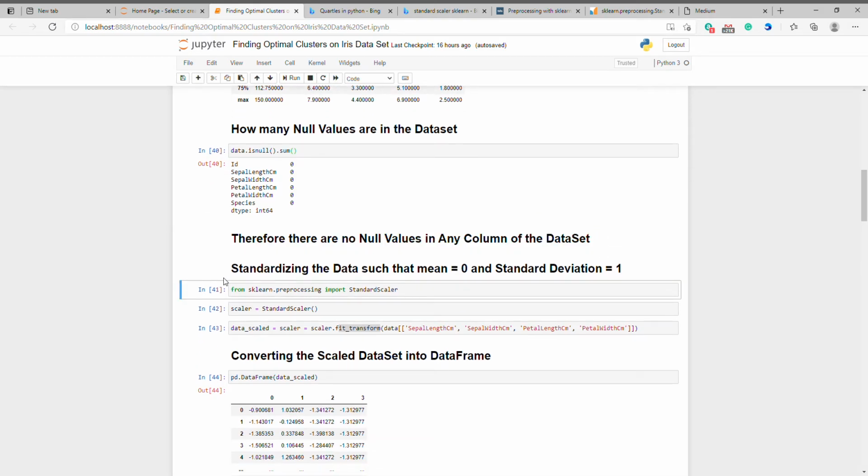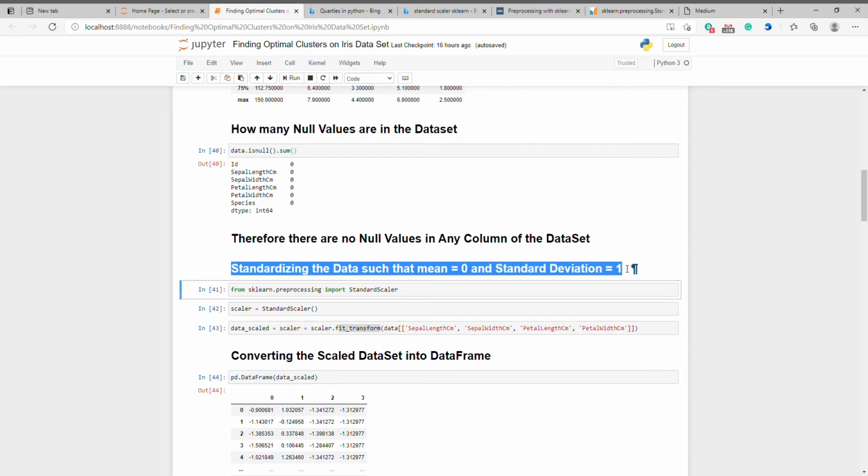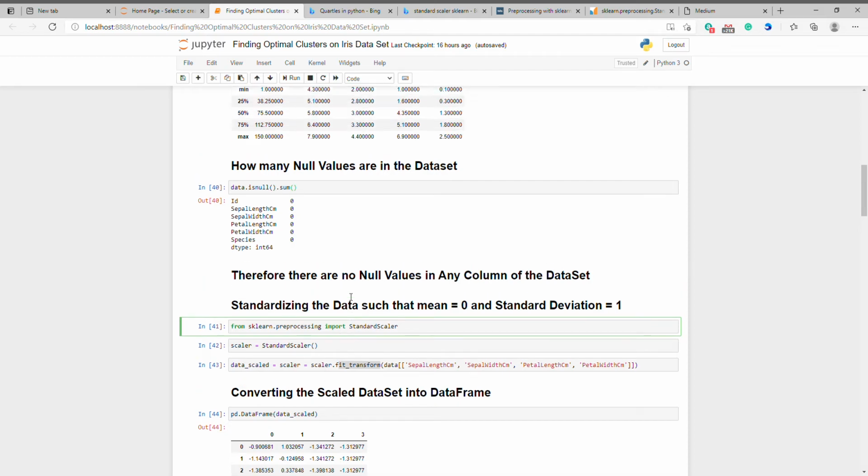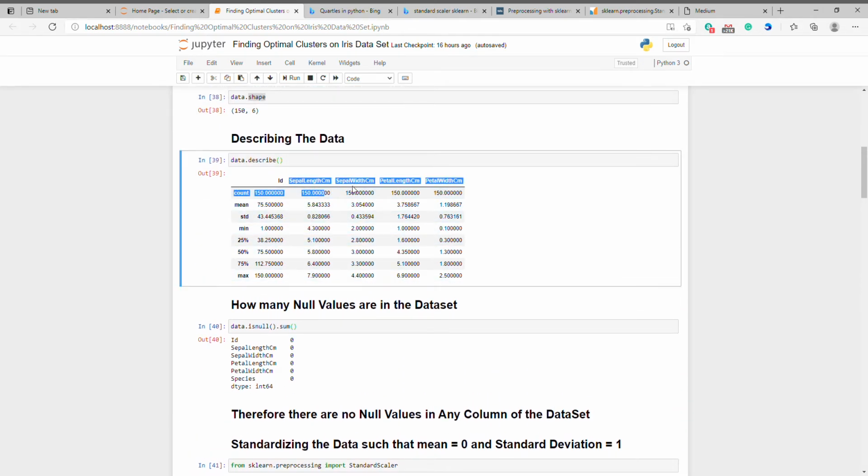Now here I am standardizing the data such that in each column the mean will be 0 and the standard deviation equal to 1. So why am I standardizing the data? Suppose in any of the 4 columns, sepal length, sepal width, petal length and petal width, the values of one column are in a range such that the sepal width column values dominate the values of the other 3 columns.